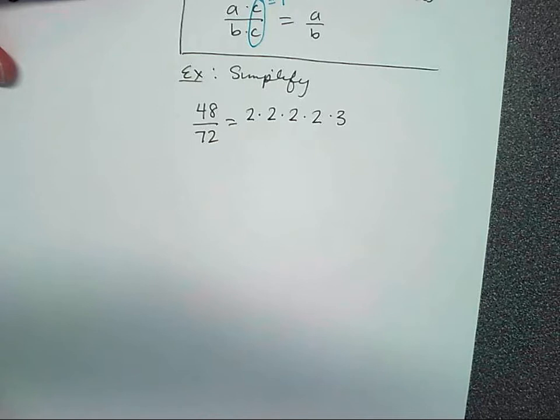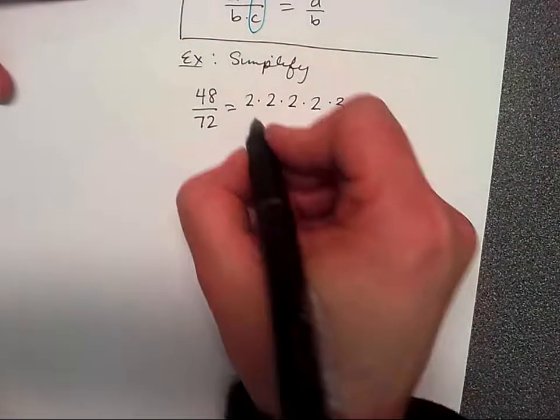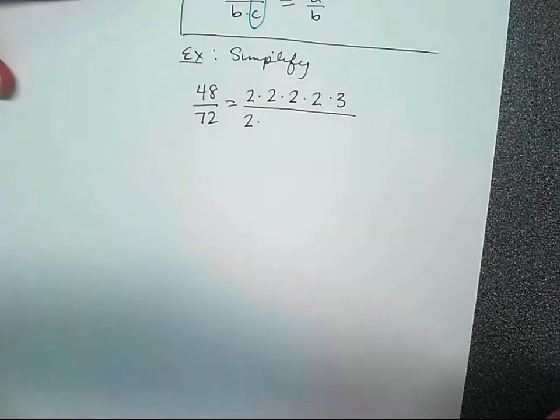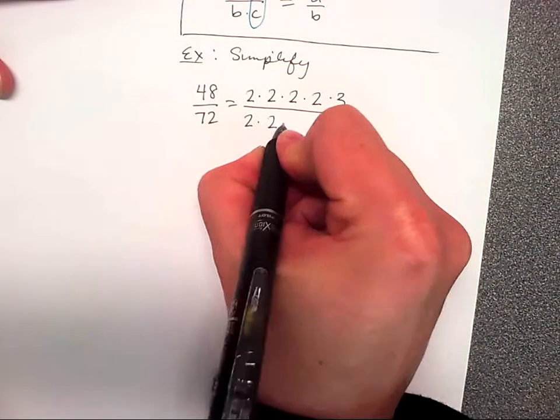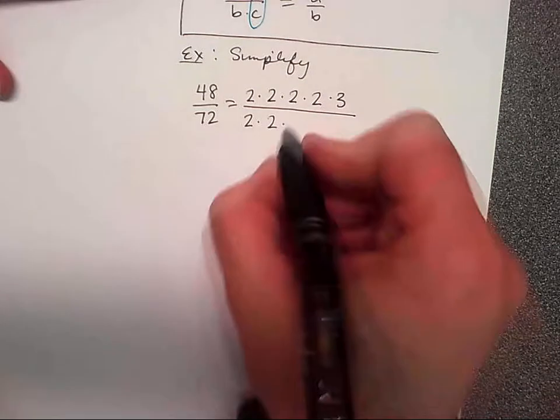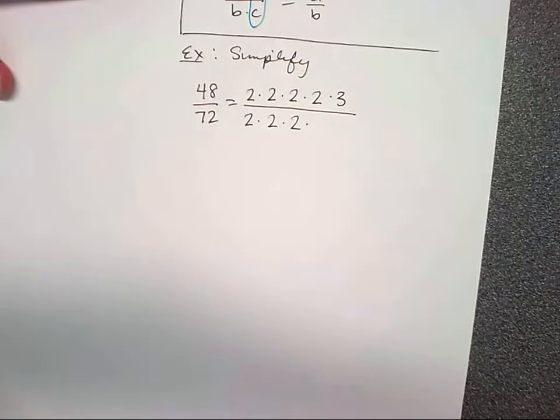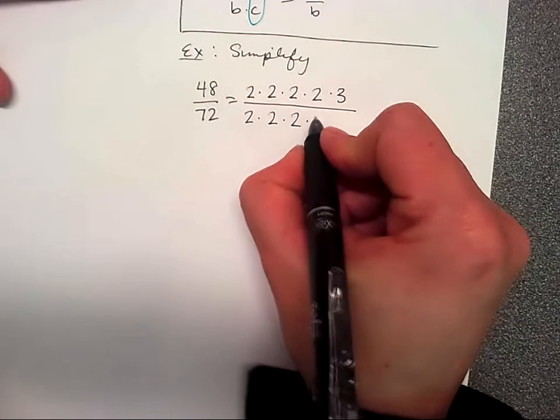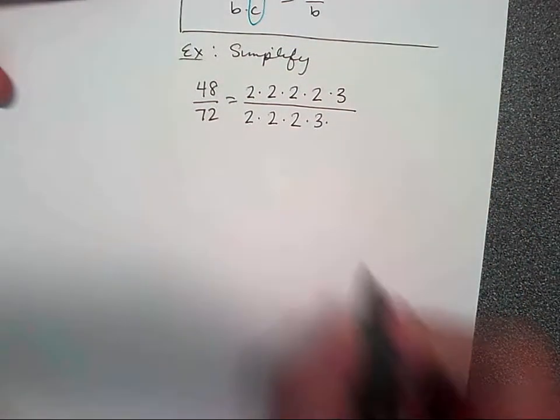Okay. Prime factorization. Okay, what's the prime factorization for 72? 72 is 2 times what? 36. 36 is 2 times what? 18. 18 is 2 times what? 9. Okay, 9 is 3 times what?